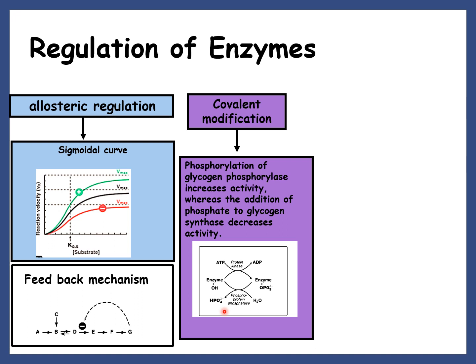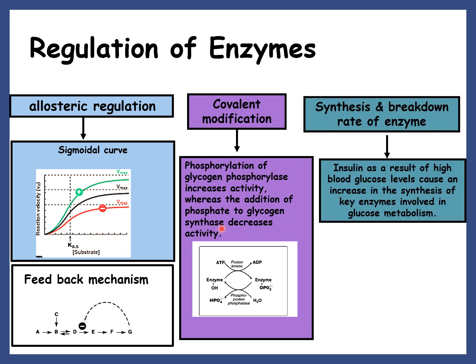Some enzymes are activated by phosphorylation, some are inactivated by phosphorylation, some are activated by dephosphorylation, some are inactivated by dephosphorylation. An example is glycogen phosphorylase. Its activity is enhanced by phosphorylation, whereas the glycogen synthase activity is decreased by phosphorylation. So this covalent modification is a key mechanism to regulate the activity of enzymes in the living system.